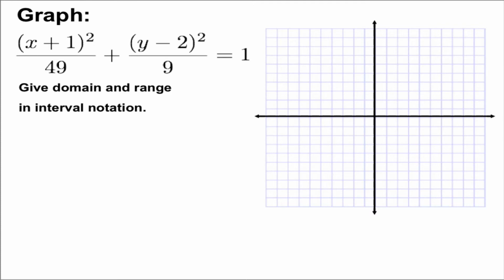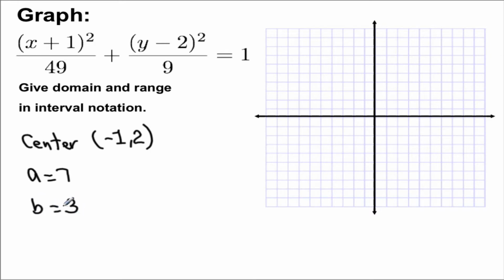This is the equation of an ellipse with the center at (-1, 2), with an a value of 7 and a b value of 3. 7 because 7 squared is 49, and 3 because 3 squared is 9. So start at the center, (-1, 2).